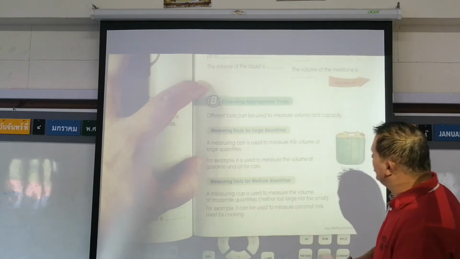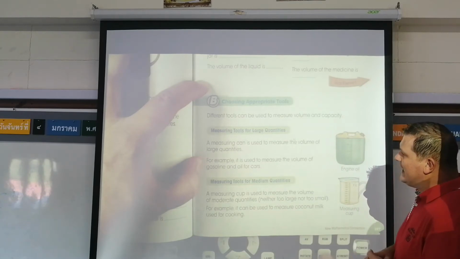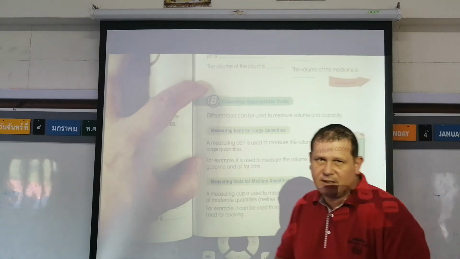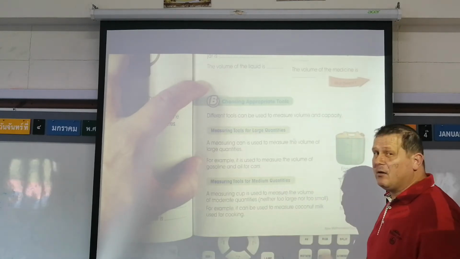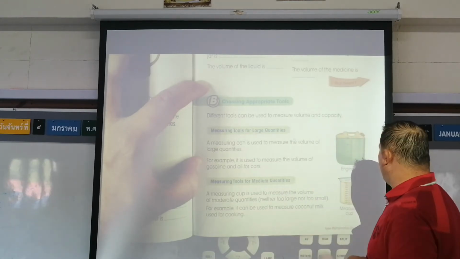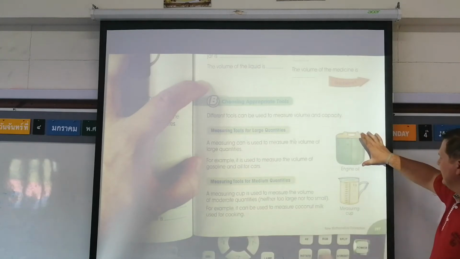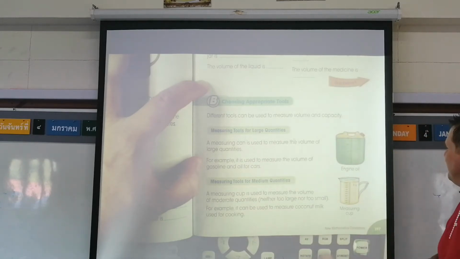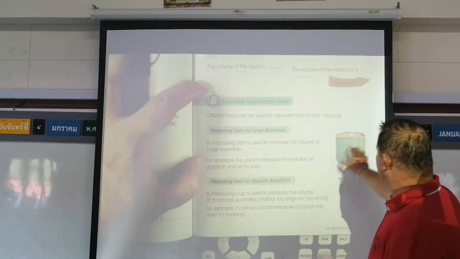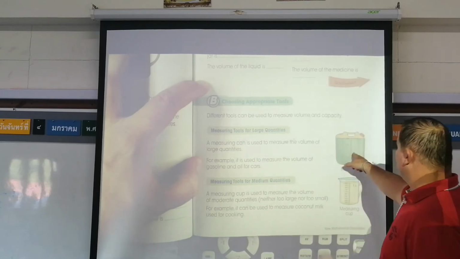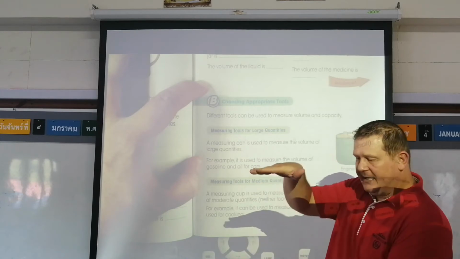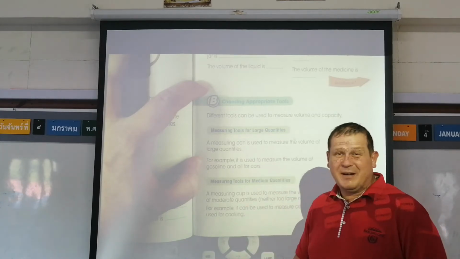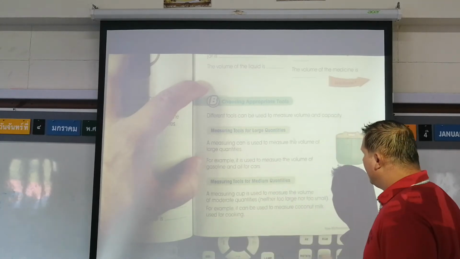For example, it is used to measure the volume of gasoline, petrol, and oil for cars, not cooking oil. So this is a big tank. It looks like it might be able to keep up to 5 liters or something. It's a pretty big tank. Some of them can carry up to 25 liters.